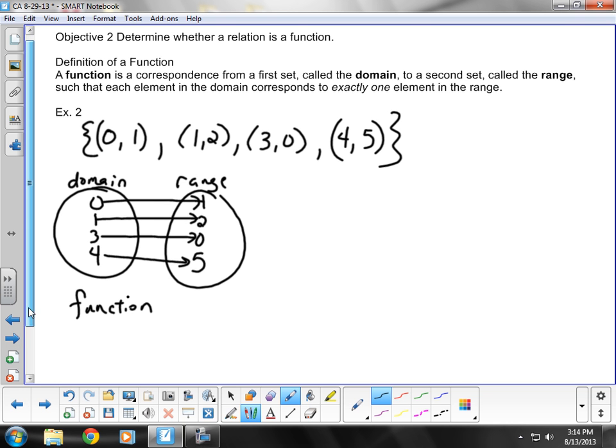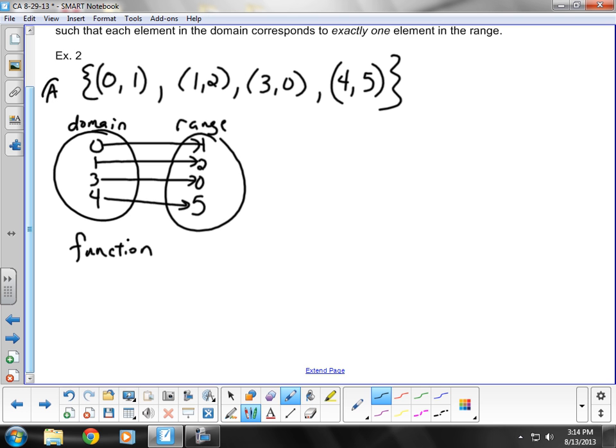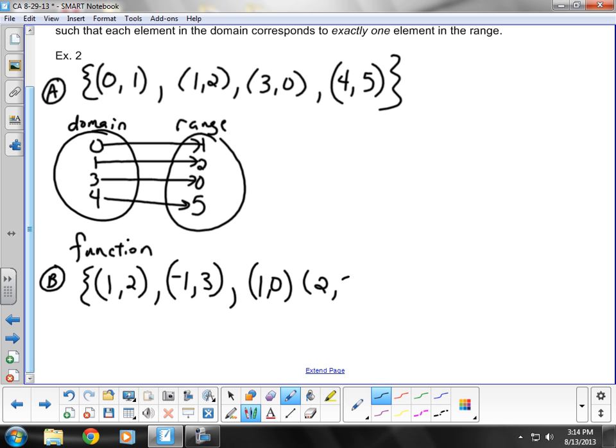But let's give you an example of one that's not a function. So example 2, part B. Let's say my set of ordered pairs contain the points (1, 2), (-1, 3), (1, 0), and (2, 5). Okay, so here's my set. Now if you do your mapping this time in your domain, you've got 1, -1, and 2.